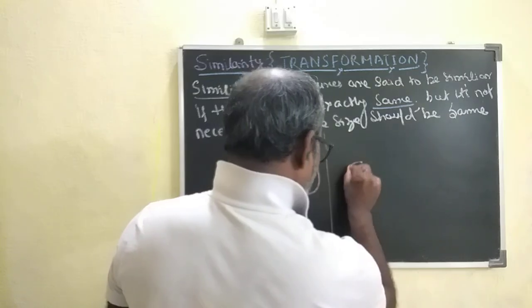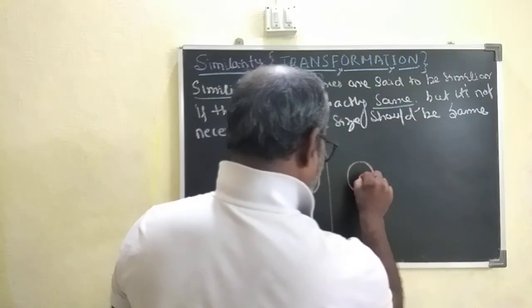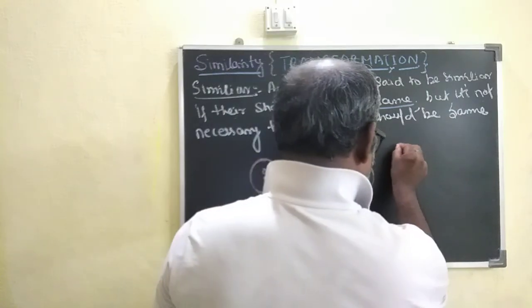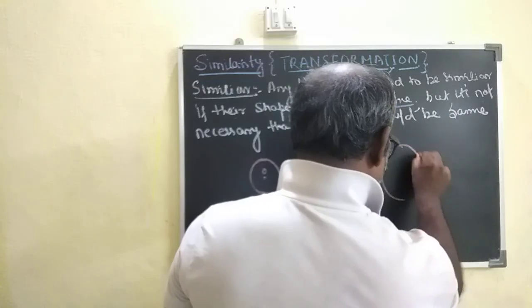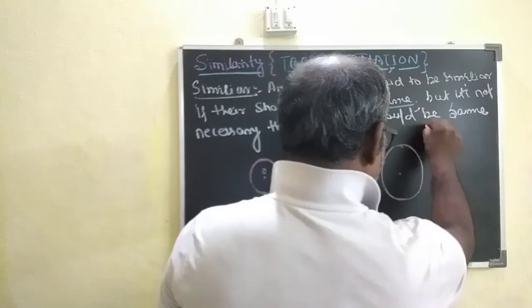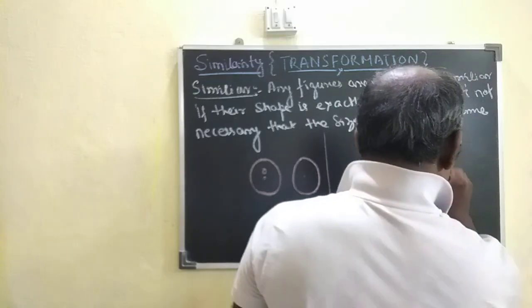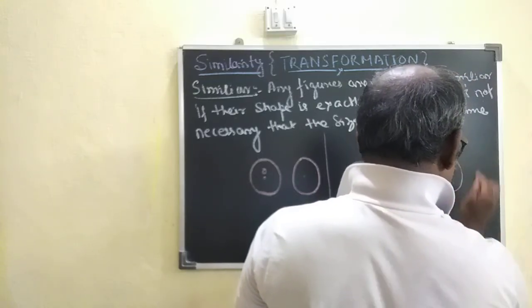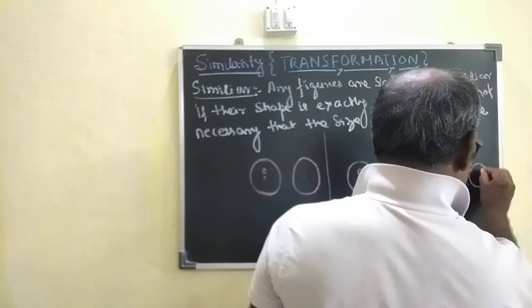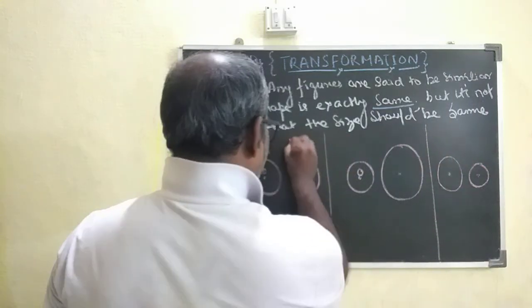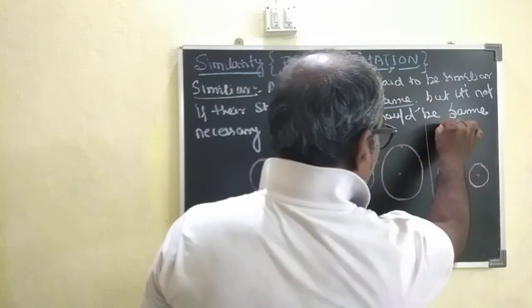Let us draw a circle with center O, and another circle with center O. And the third figure, this is a circle with center O. So this is figure 1, figure 2 and figure 3.